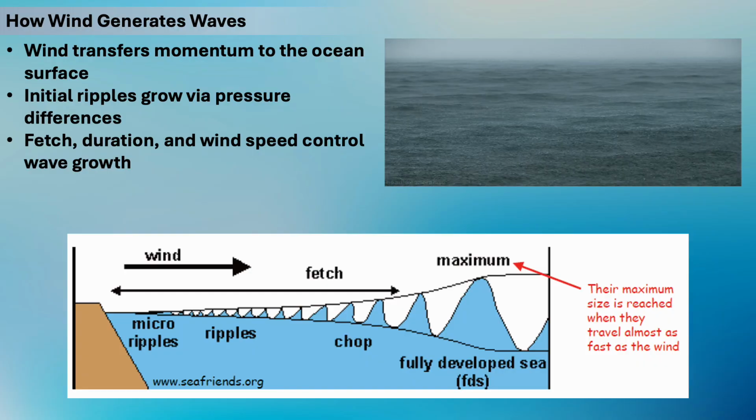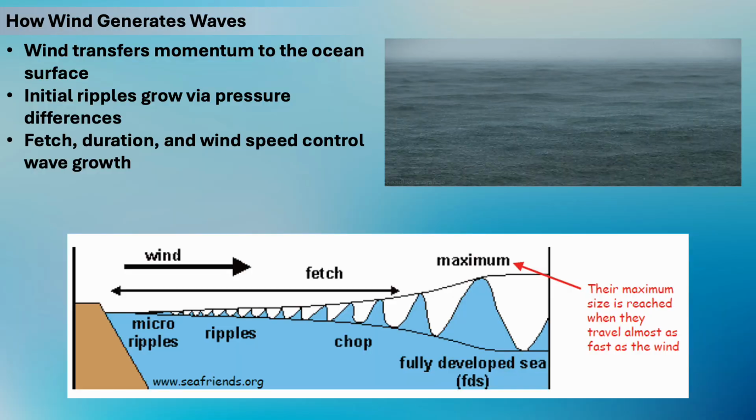Wave generation begins with wind blowing across a smooth ocean surface. Even tiny surface irregularities create pressure differences between the windward and the leeward sides of these bumps. The wind pushes more strongly on the upwind face, transferring that momentum to the water.